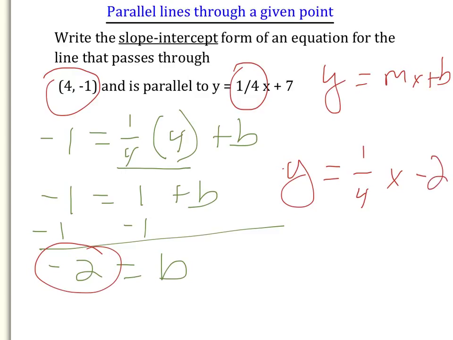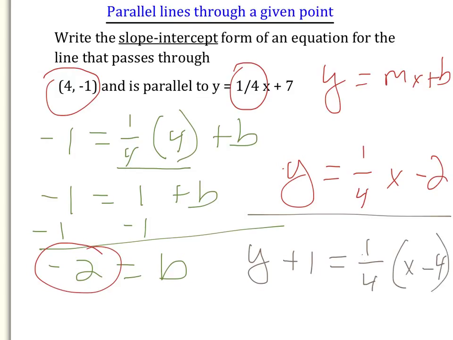If for some reason I needed to write this in point-slope form using the point given, I could just go y minus -1, so y plus 1, equals, excuse me, I need to put m in, 1/4 times x minus 4. And so that's a point-slope form if I needed it, and I also have the slope-intercept form.